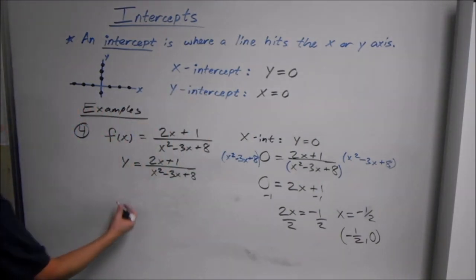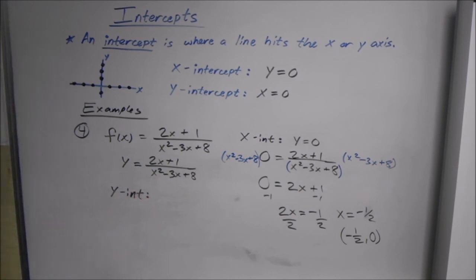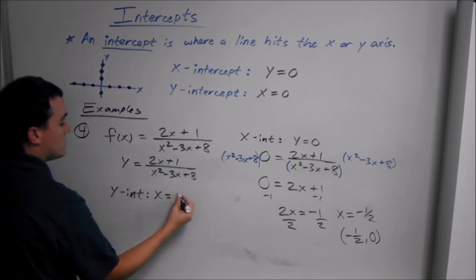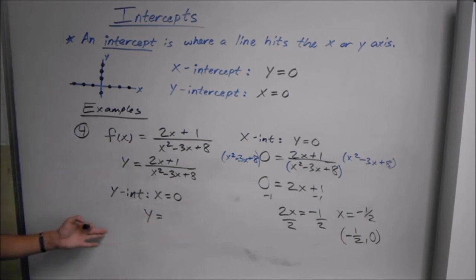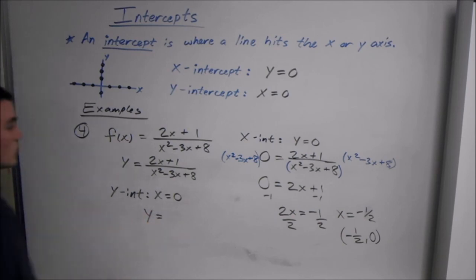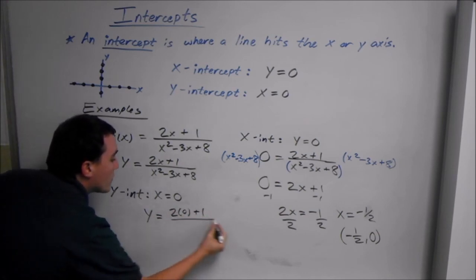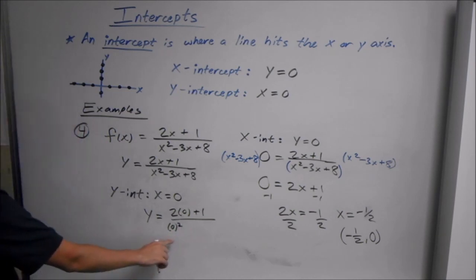To find the y-intercept, do the same thing, just plug in for x. So, x equals 0. So we get y equals, or f of x equals, that's fine too. Y equals 2 times 0 plus 1 over 0 squared, which is just 0 times 0.